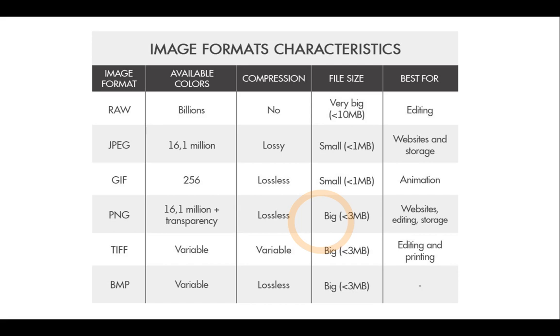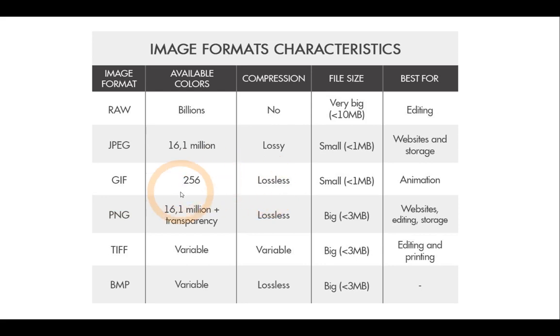So there are different characteristics of the different file formats that you should be aware of. Some of the main characteristics are that raw files have billions of colors and they're really large and they're really best for editing. JPEGs have lots of colors, but they're lossy compression, which we'll see what that means. GIF, you might say, well, it's lossless, so that's really good.